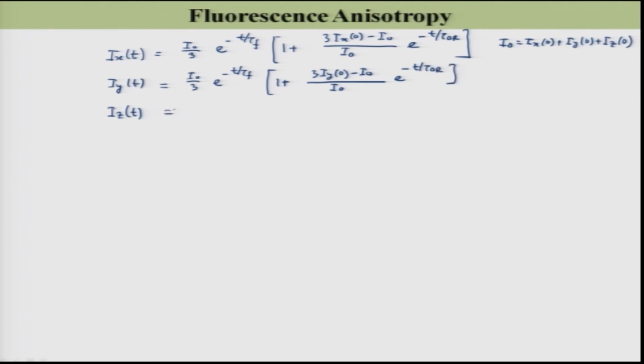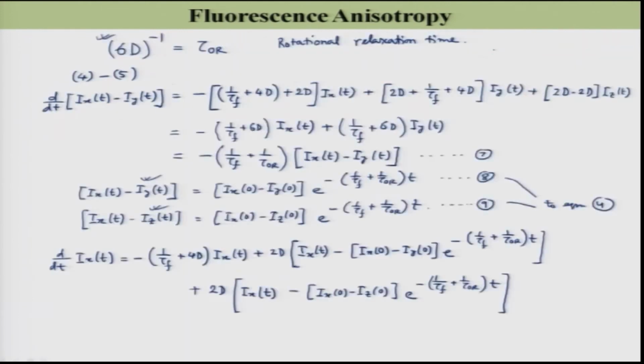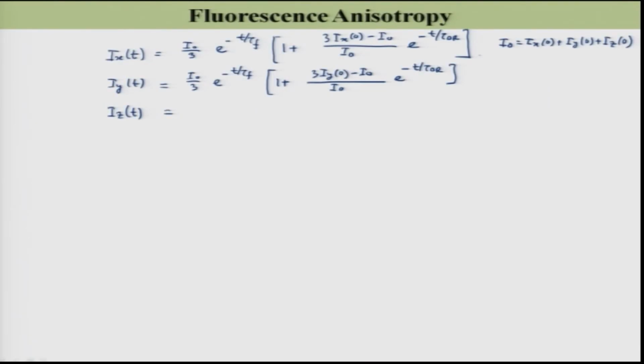Let me name these equations: this is 8, 9, 10, then this is 11, this is 12, and this is I z t equal to I 0 by 3 e to the power minus t by tau f, 1 plus 3 I z 0 minus I 0 by I 0 e to the power minus t by tau r. This is my 13, right.